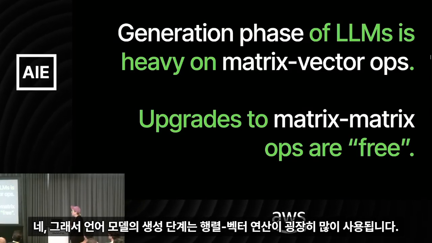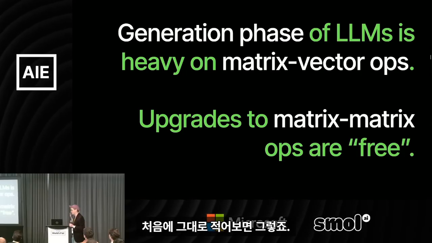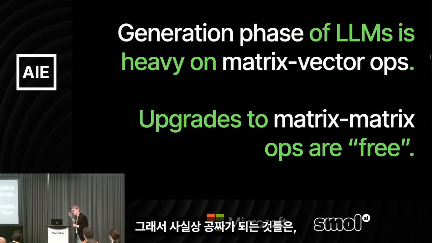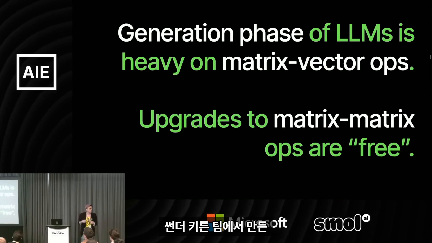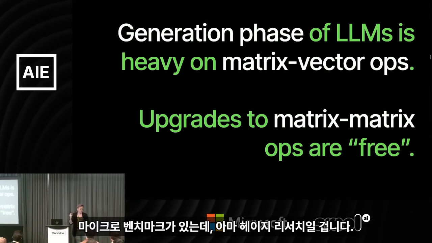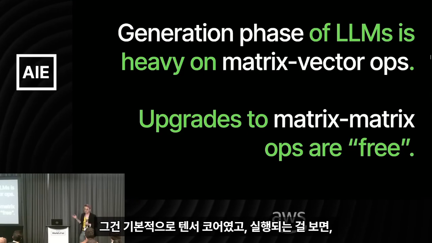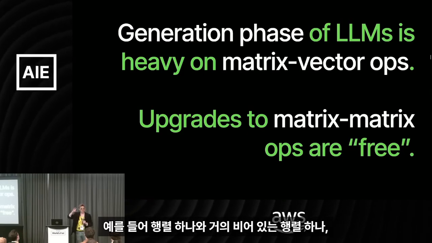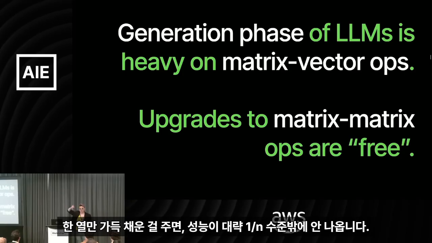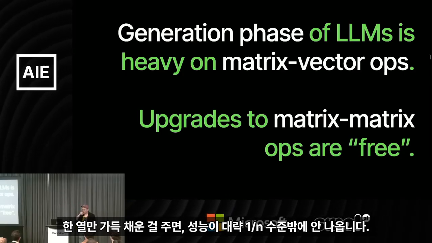So the generation phase of language models is very heavy on matrix-vector operations if you just write it out at first. So the things that are basically free are things that can upgrade you to a matrix operation. There are some micro benchmarks from the ThunderKittens people, I think Hazy Research, showing that if you give the tensor core a matrix and then a mostly empty matrix with one column full, you get 1 over n of the performance, right?